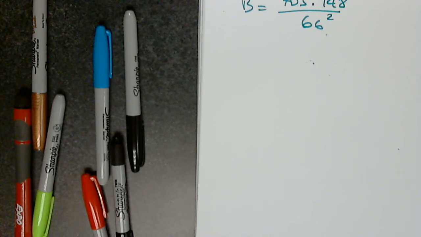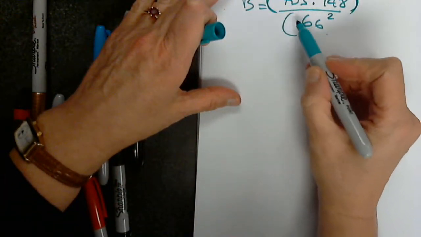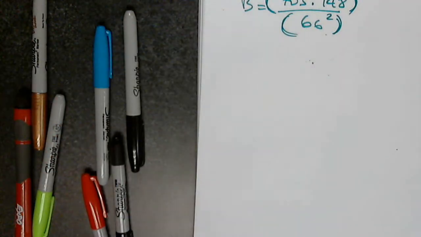I can get away without parentheses here because I write 703 times 148, and divide by 66 squared. Otherwise, in general, I would have recommended parentheses here in the graphing calculator. I can get away without parentheses in this particular case. Okay, so let's press enter.